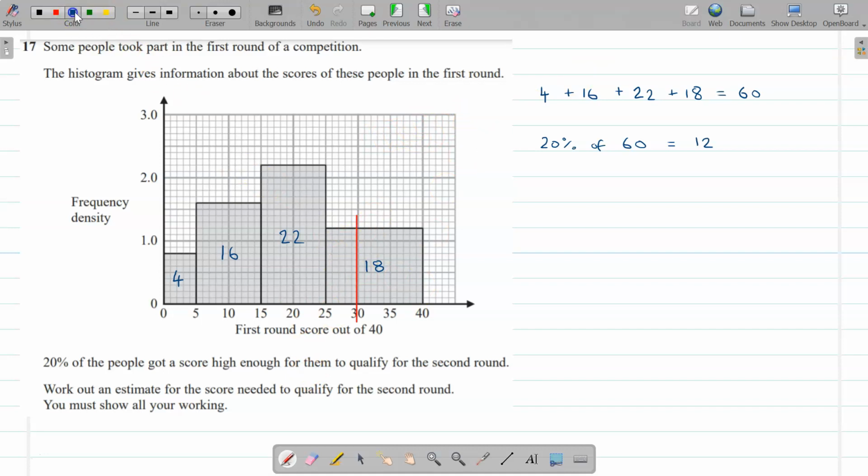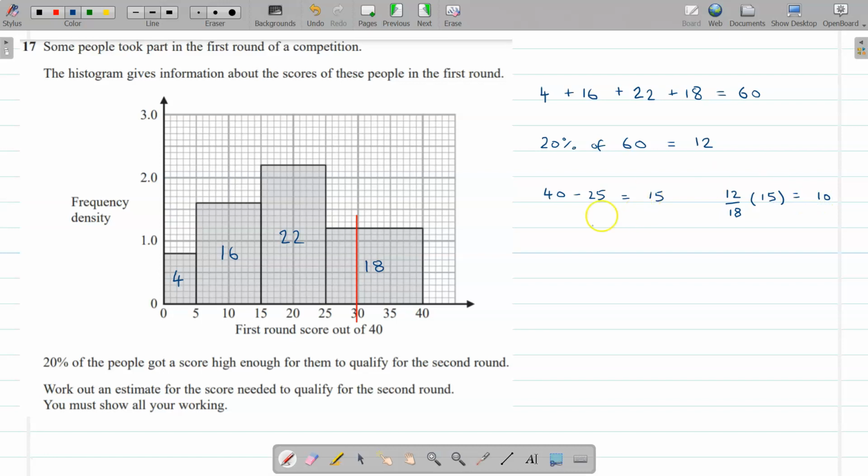I'll just show you what working out you could put. So this here is an area of 18, and I've got to basically find 12, which is the last 2/3. So I'm just going to show that 40 minus 25, so that's the length of this base, is 15. And then I'm going to say 12/18 of 15, which is 2/3 of 15, is 10.